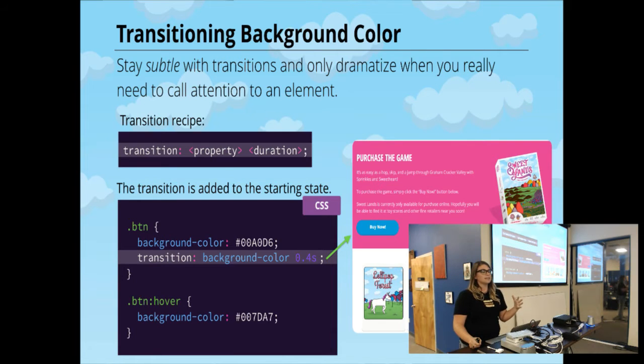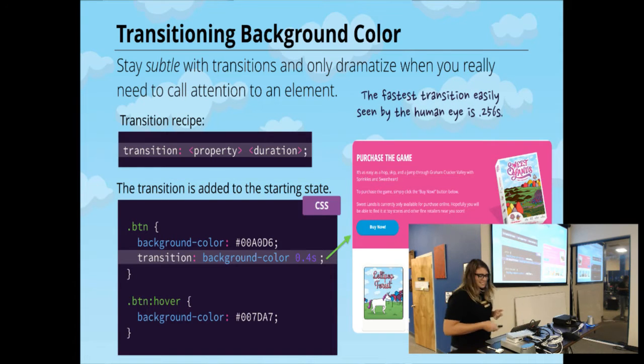But these subtleties on a website will add up. And honestly, you don't want transitions, or even design for that matter, that make your user think. You want it to be subtle and unconscious but feel right, like a gut feeling. So maybe don't make your transition last 5 seconds so that your user's like, what?